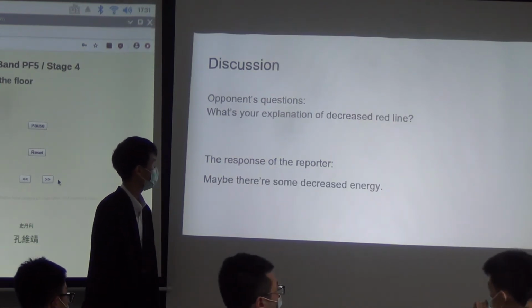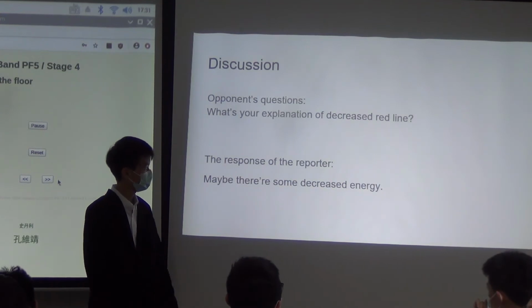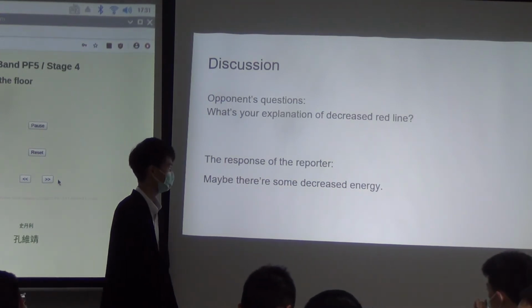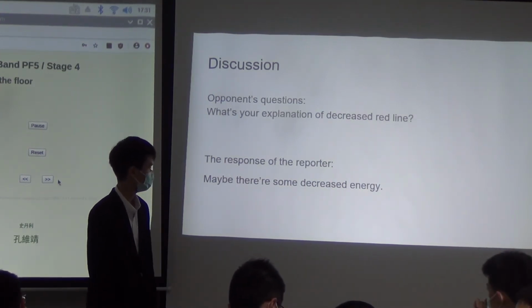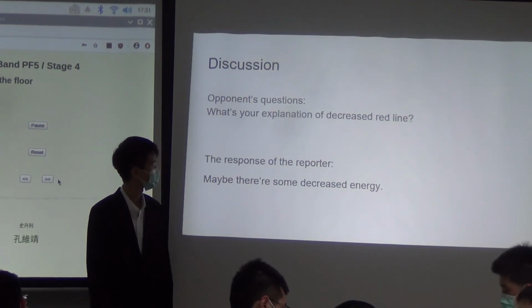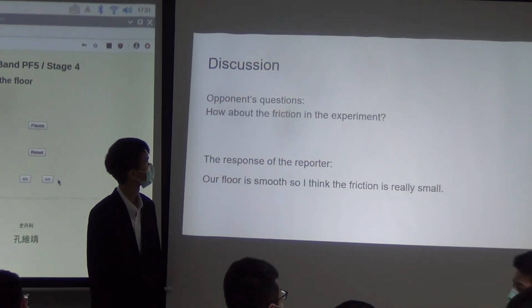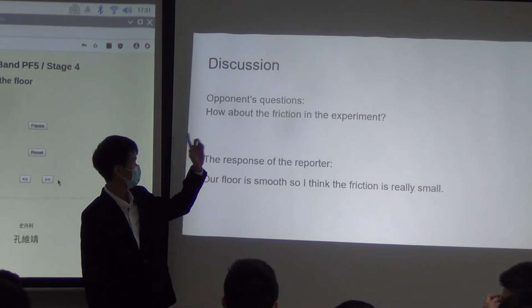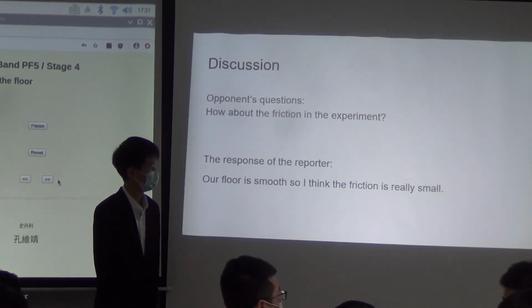And the opponent asks, what's your explanation of the decreased red line? The reporter responds, maybe there's some decreased energy. The opponent asks, how about the friction in the experiment?